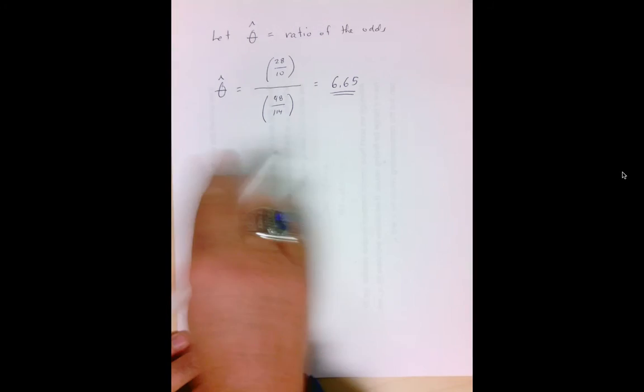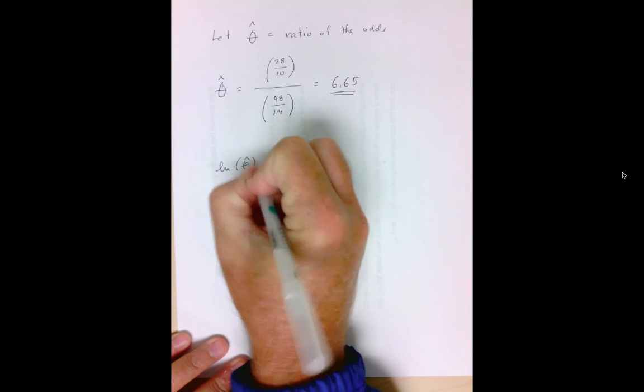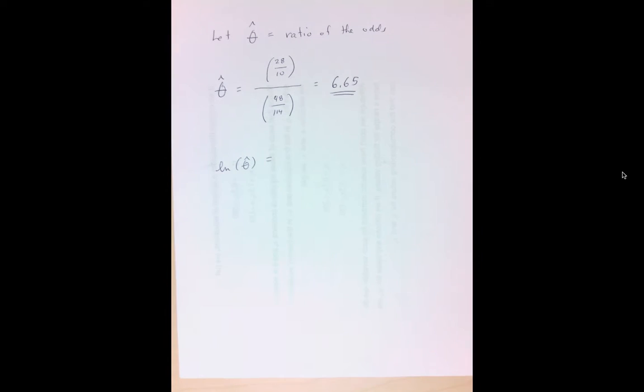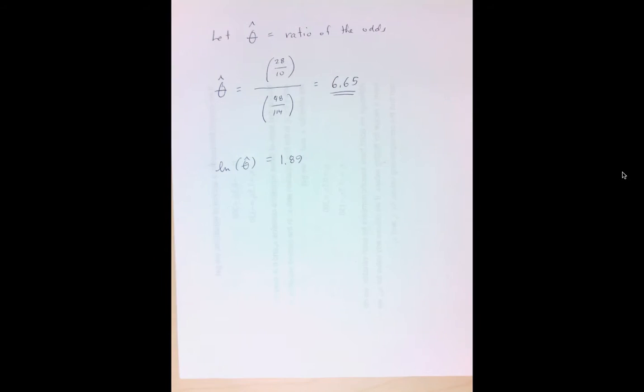Now the next thing we'd want to look at probably is the natural log of our theta hat, which is 1.89.